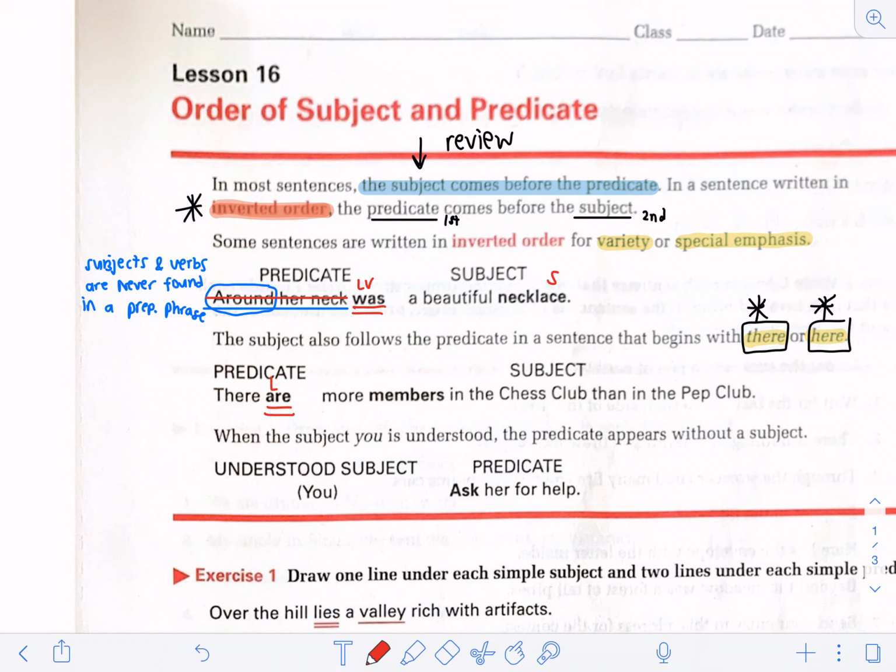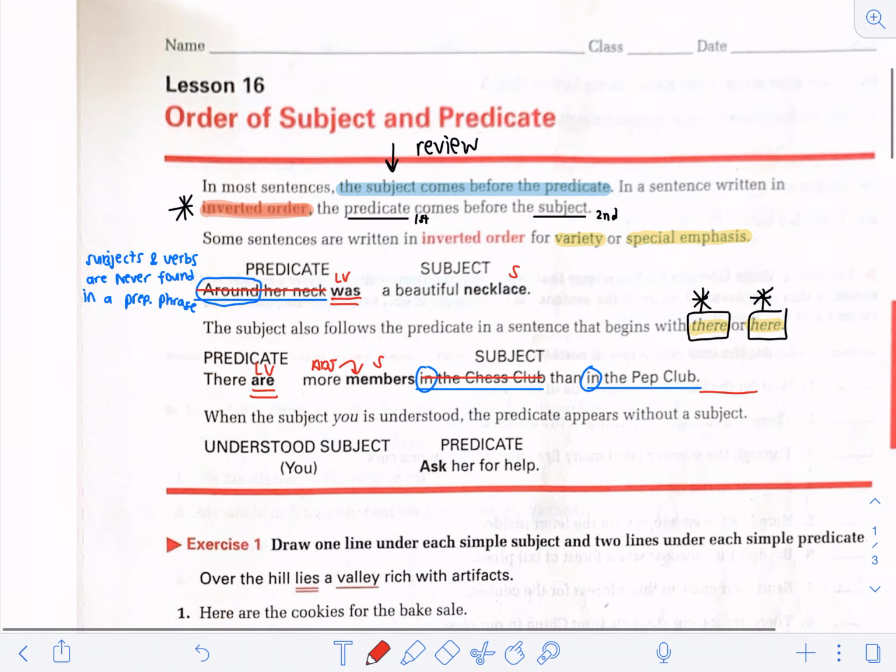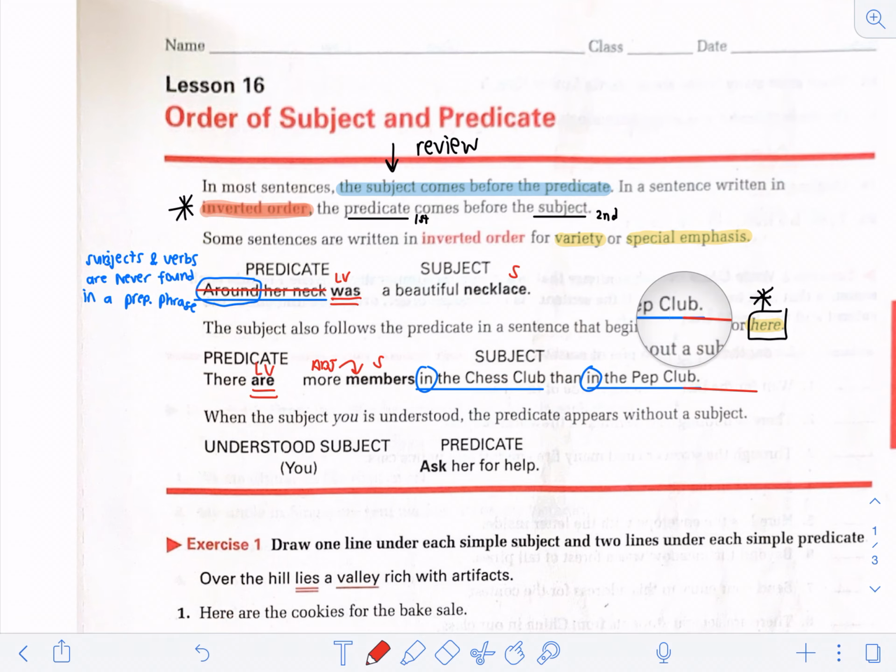Are is our linking verb and our main verb. Members is our subject. More is an adjective modifying members. And then we have two prep phrases. And so we know that the subject and the verb cannot be in either of the prepositional phrases.